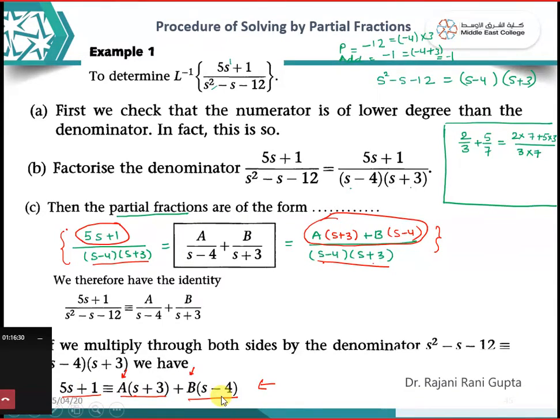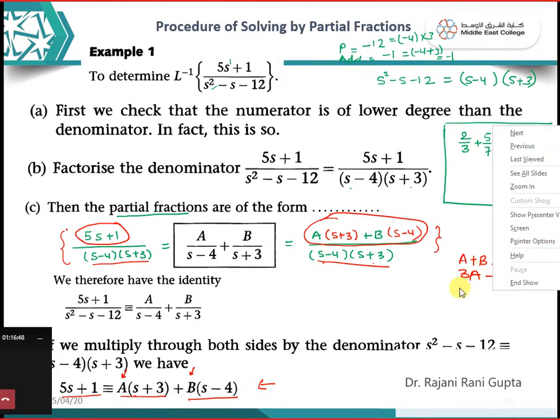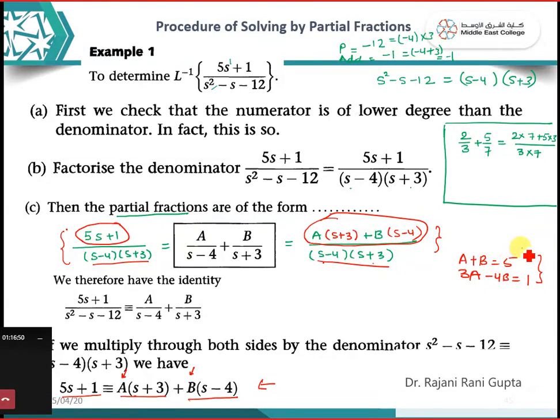You come up with two equations of the form a plus b equal to 5, 3a minus 4b equal to 1, and then solve for the values of a and b. But I don't want to go for this one because it will consume more time. So we will go for another easy method where we substitute different values of s.